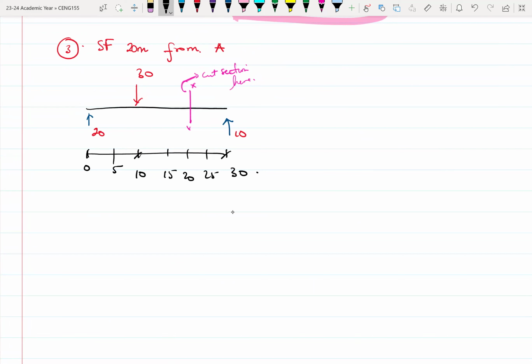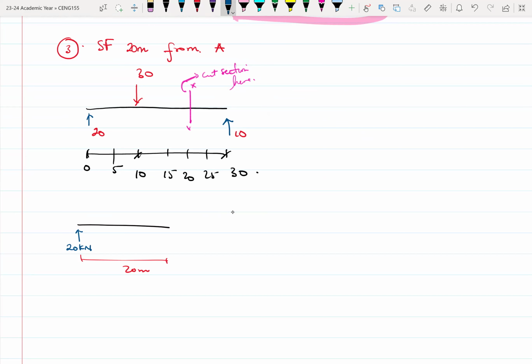So here, if I choose, so this length here is 20 meters. All right. So again, I have my VA, which is 20 kilonewtons.